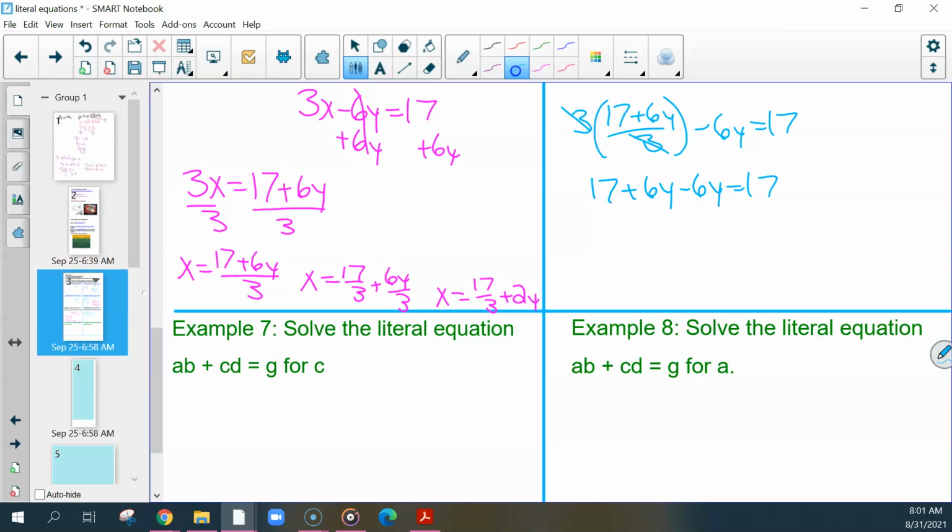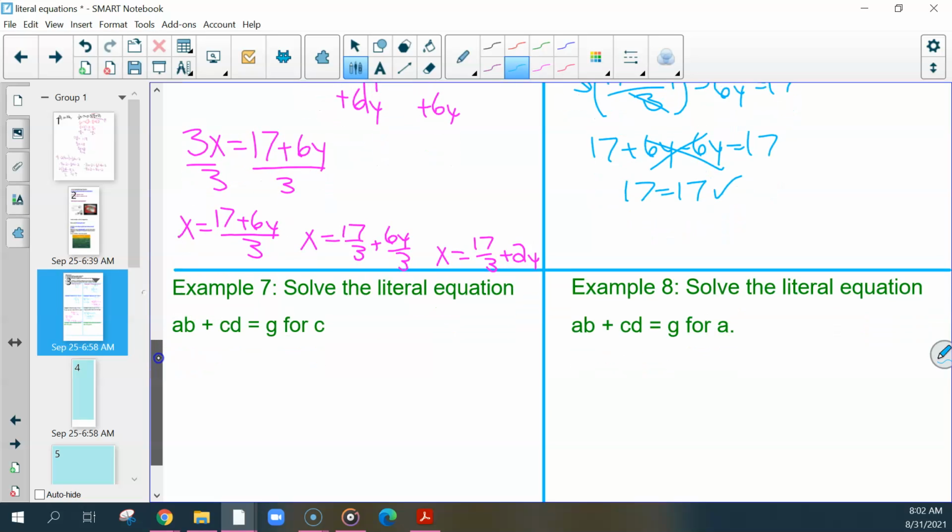The 6y's then cancel. And I'm left with 17 equals 17, which I know is a true statement. So even though they are not numbers, it would still help if you checked yourself to see, do you still get that true statement? That way you know you did this right.